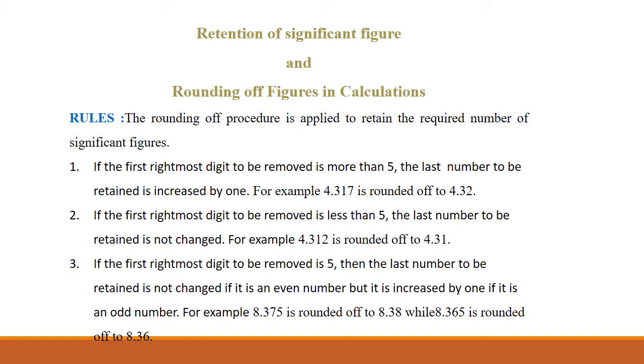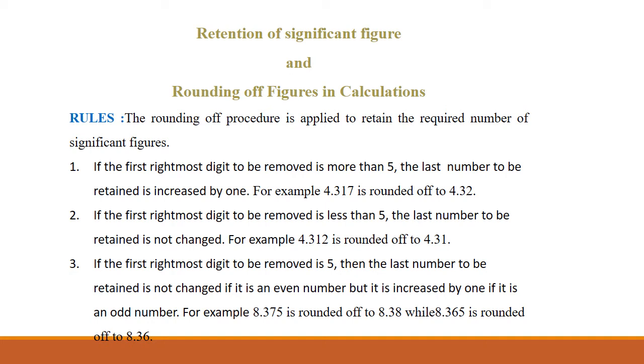So 7 is removed, and because it is more than 5, the last number is increased by 1. If the first rightmost digit to be removed is less than 5, the last number to be retained is not changed. For example, 4.312 is rounded off to 4.31 to have the significant figures in the answer.